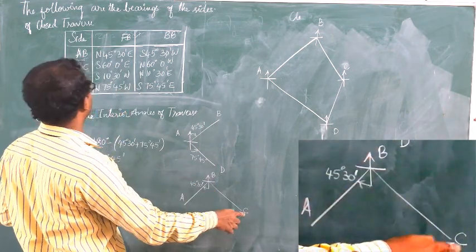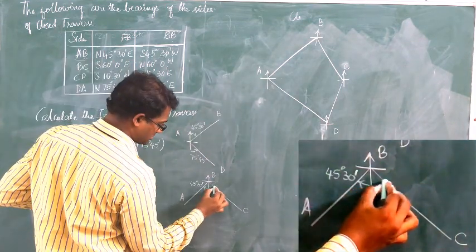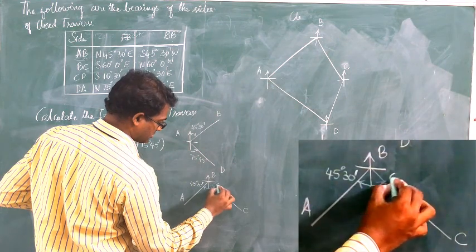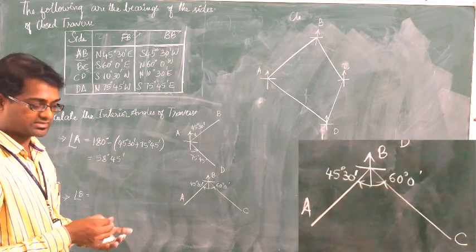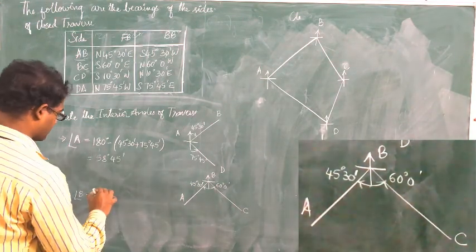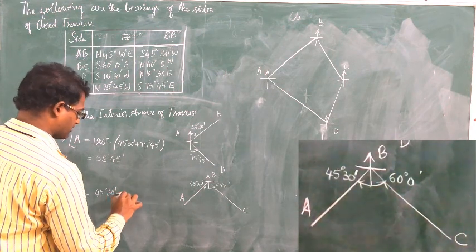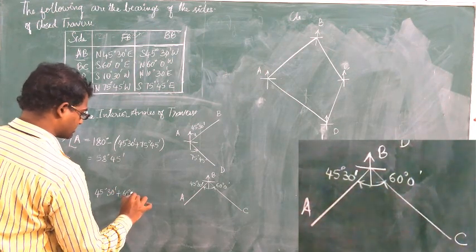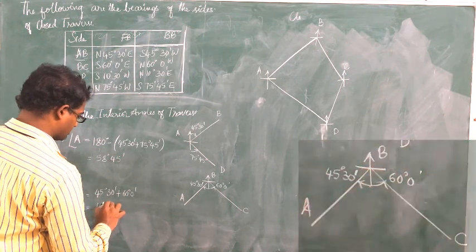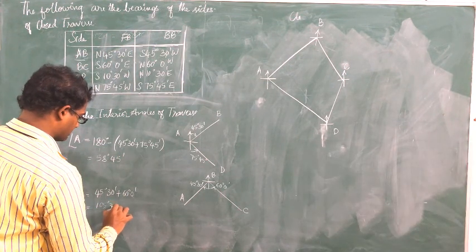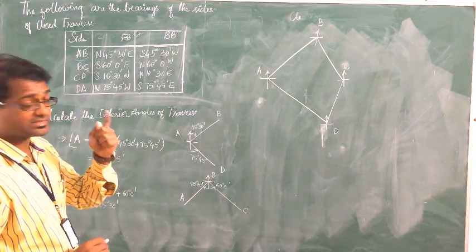Now the BC bearing is southeast 60 degrees. Now how do we know angle B? It is the sum of these two angles. So 45 degrees 30 minutes plus 60 degrees 0 minutes. You will get the angle as 105 degrees 30 minutes.